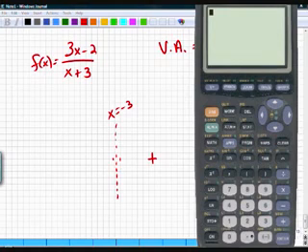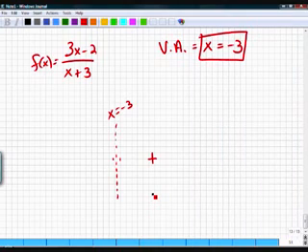So plug in negative 2.9: 3 times negative 2.9 minus 2, divided by negative 2.9 plus 3. You get negative 107. So think about that. At negative 2.9, you're at negative 107. Can you tell what your graph's doing? It's going down on that side.